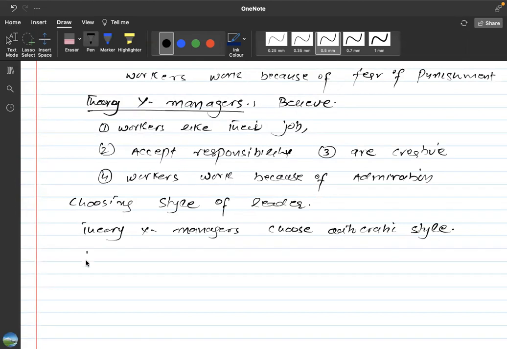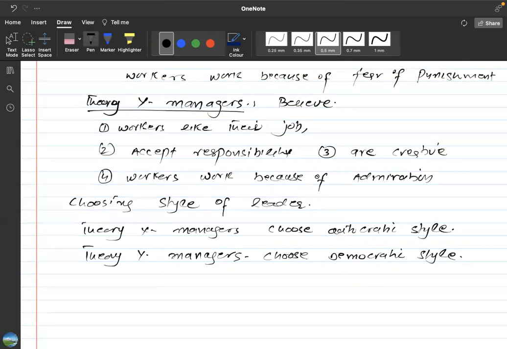Theory Y managers choose the democratic style of management. So X type of managers and Y type of managers are choosing different styles of leadership.